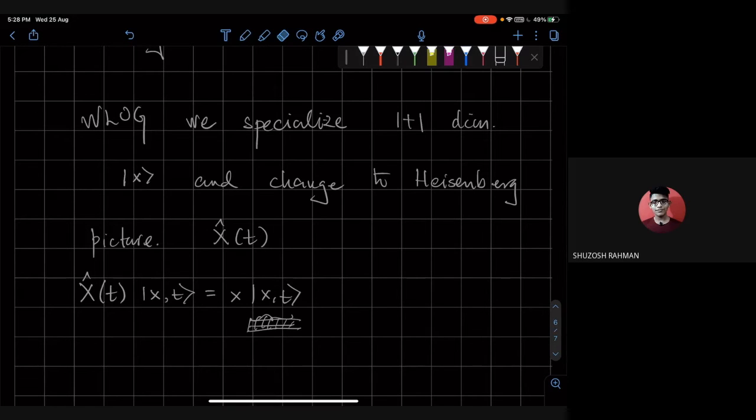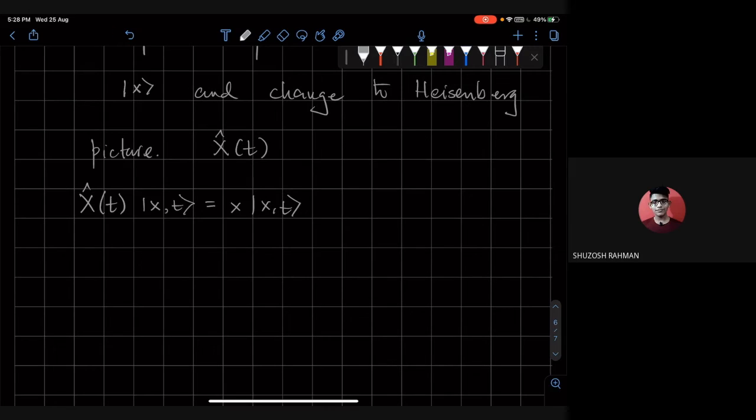This can get a bit confusing because in the Heisenberg picture, states don't depend on time; there is no evolution of states, right? That's not what we're saying here. What we're saying is that these are states which are eigenstates of a time-dependent operator, and that's why we write t.